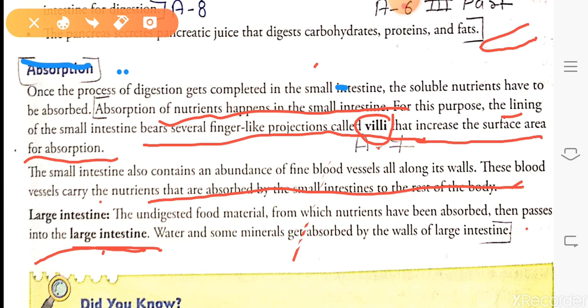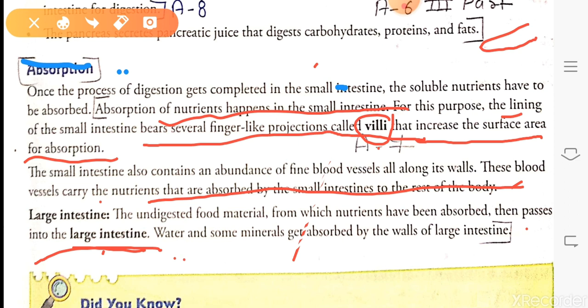Now, once absorption has taken place, some minerals and water remain in the undigested food. So what happens to these?